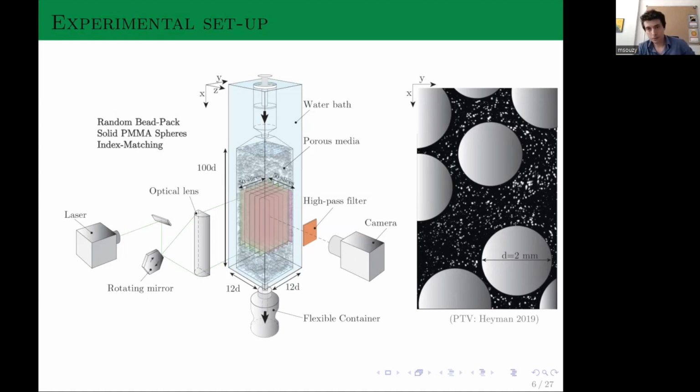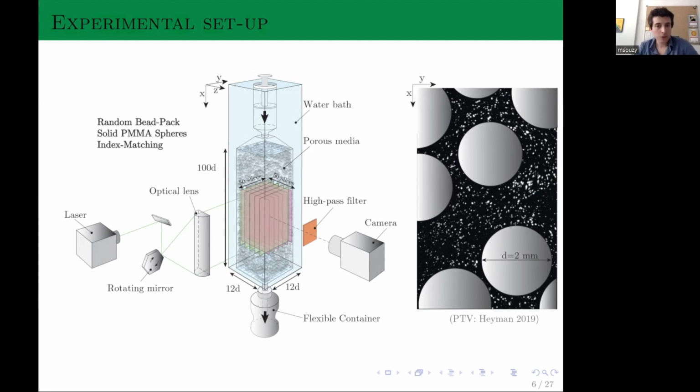So there are no rattlers, no moving beads. The solid phase is steady and not moving. And then with a syringe, we inject at the top an interstitial fluid, which will flow within the pores and in between the grains.